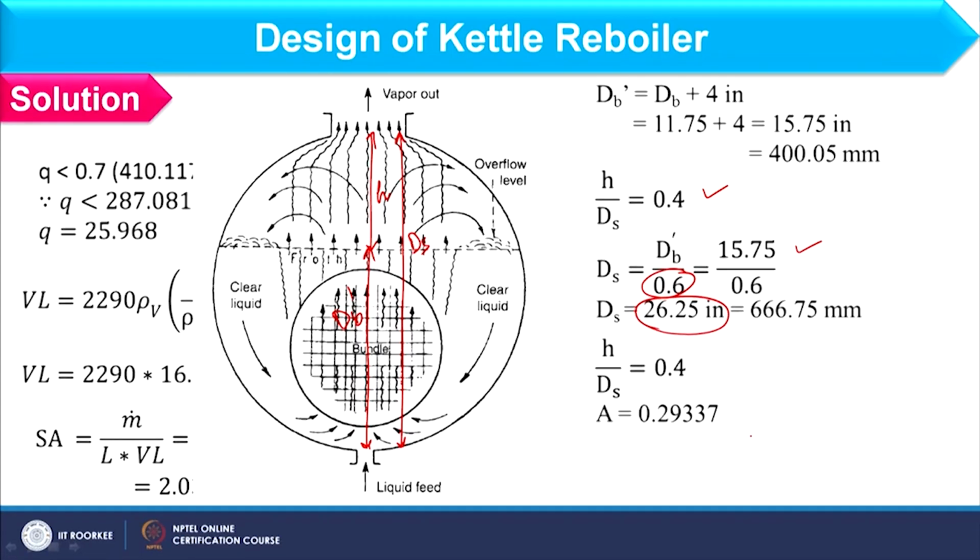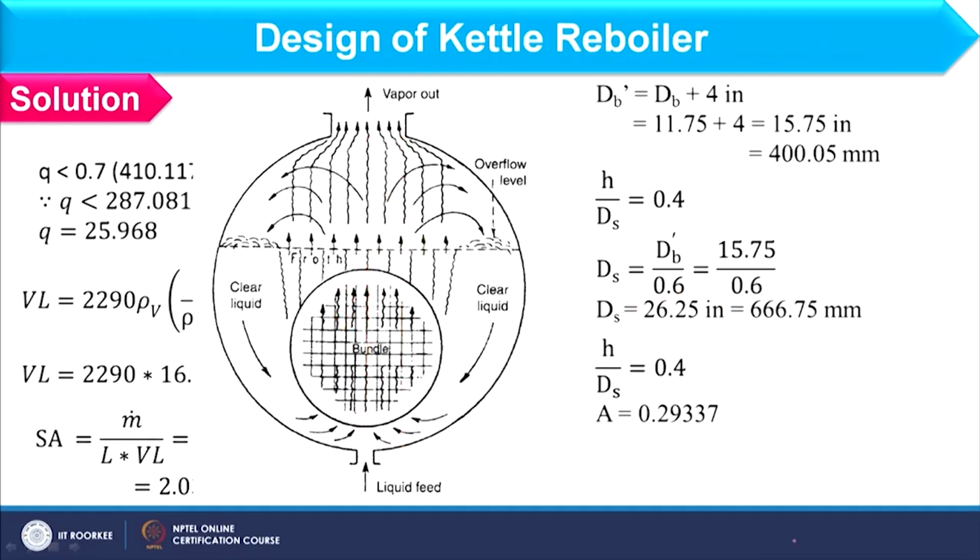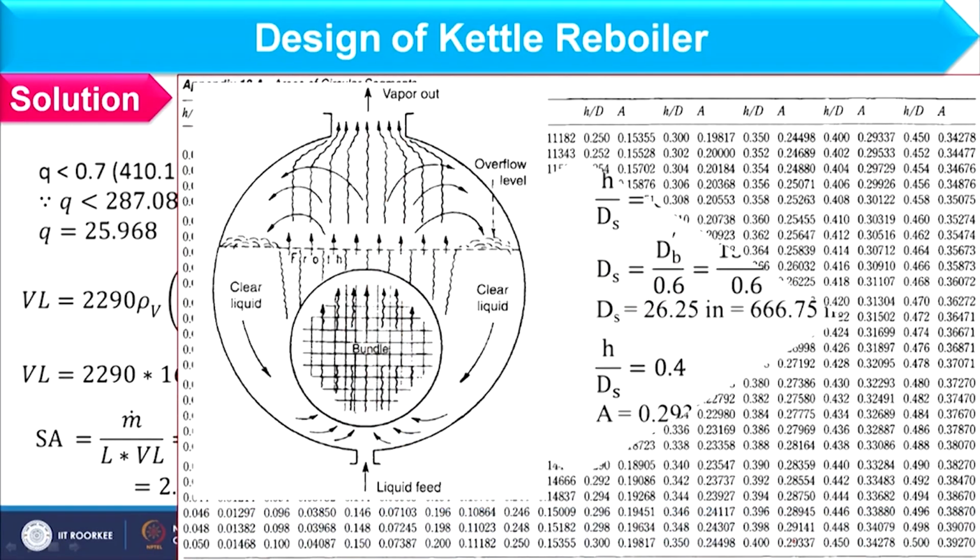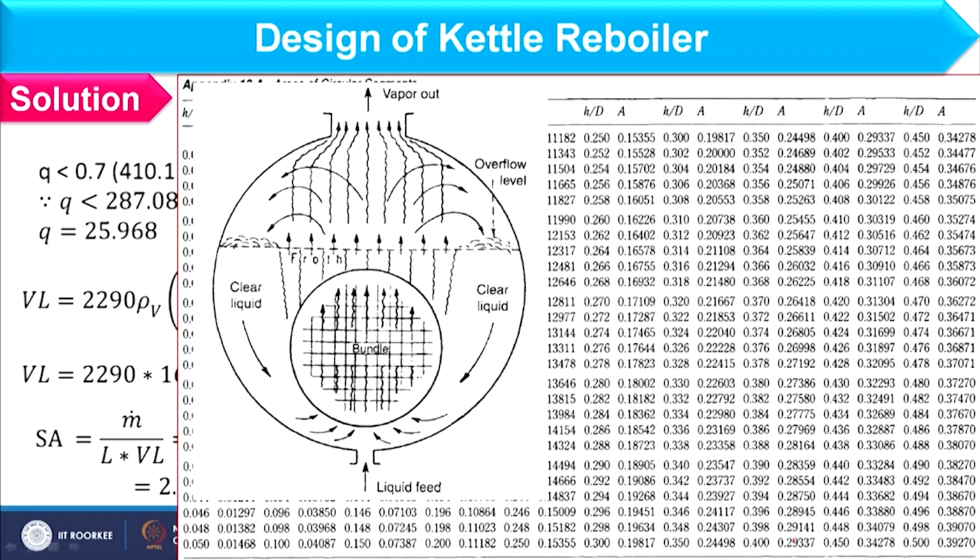So, we have to find out the revised segment area, and for that purpose we have to find out the segment area factor. To find this we have to focus on this particular table. If you see this table, here I am having H by D, that is nothing but H by ds, and A factor. If I focus on H by D as 0.4, the A value should be 0.29337.